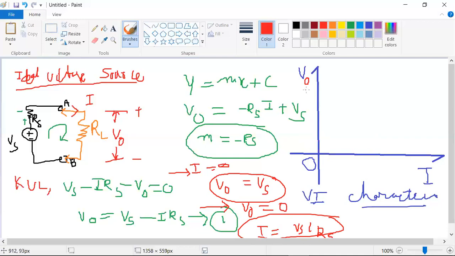Let me show these points in this graph. V naught is Vs when my current is 0.